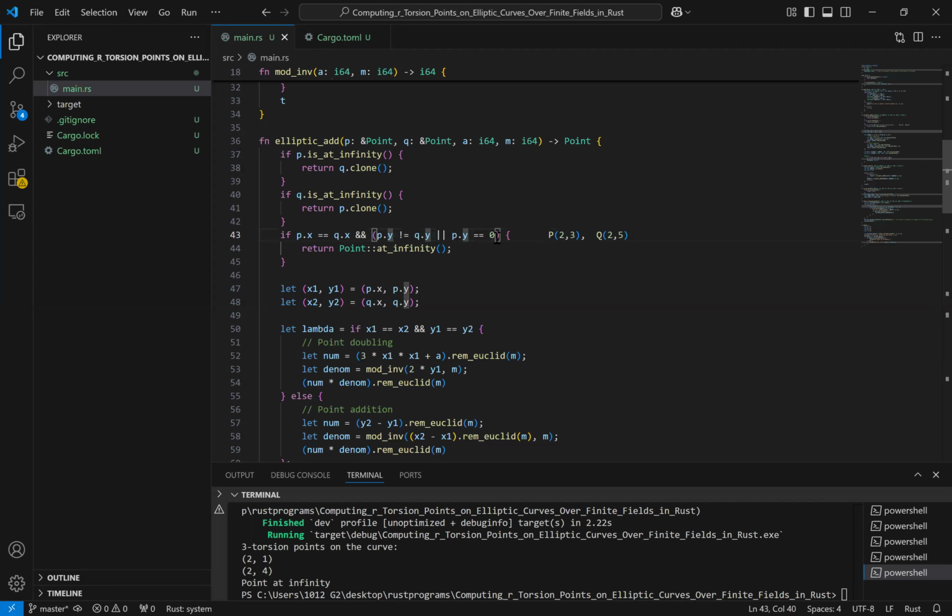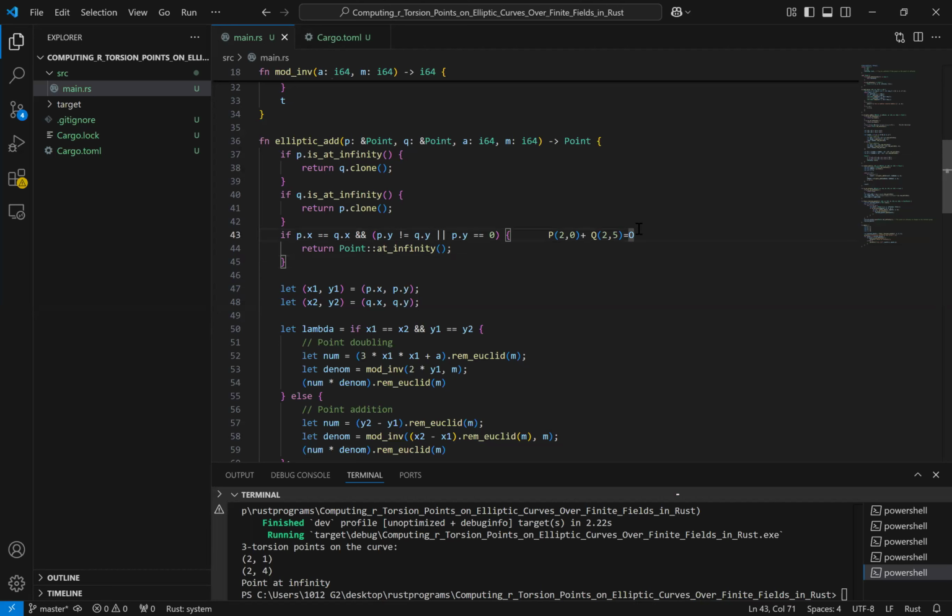And if the y value of P is 0, supposing the y value of P here is 0, now if you're adding these 2 points, the result will be the point at infinity. That's what it's saying. Like if I have 2, 0 plus 2, 5, the result will be point at infinity.